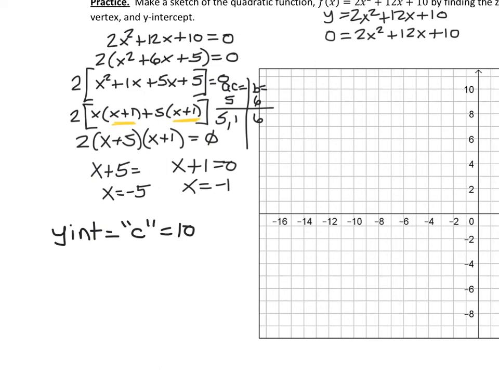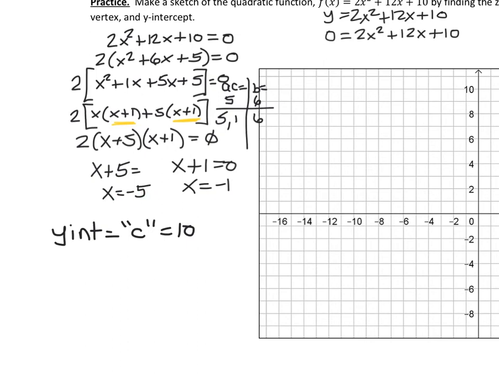Our line of symmetry. Our line of symmetry is going to go through our vertex, and our vertex is going to be exactly in the middle because of that symmetry between negative 5 and negative 1.